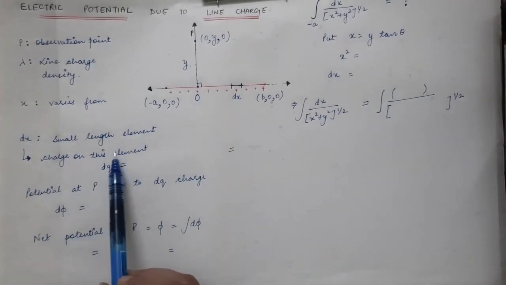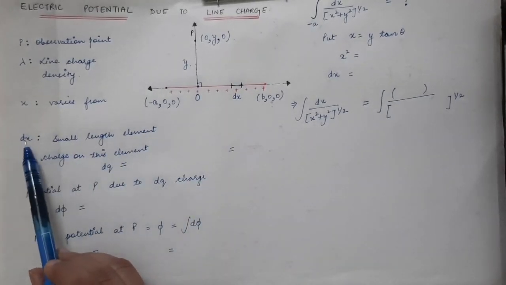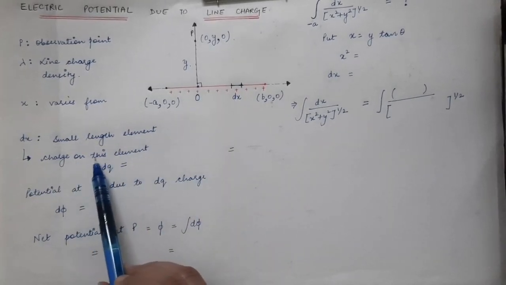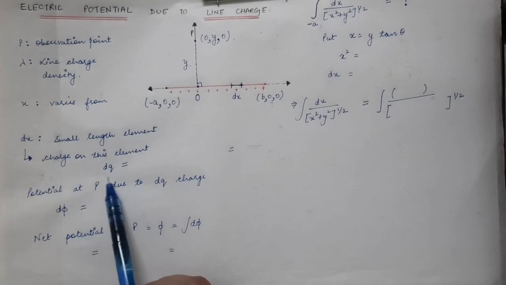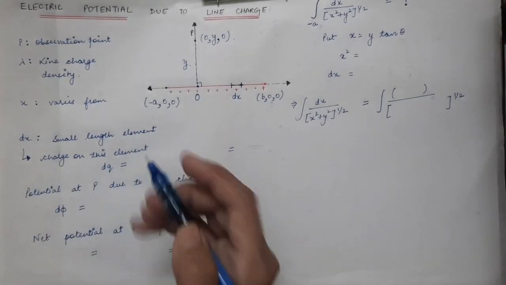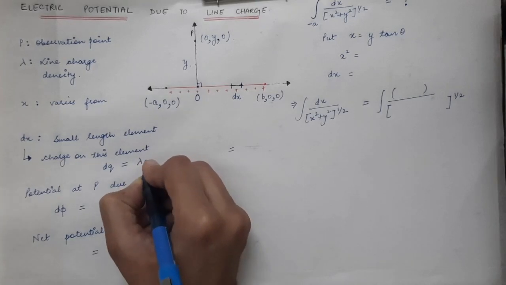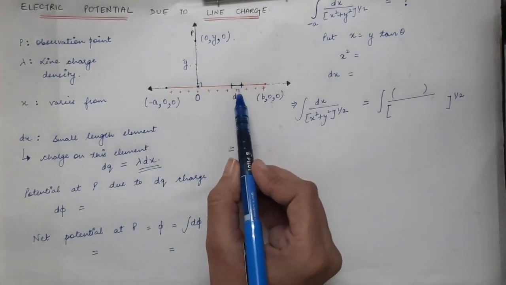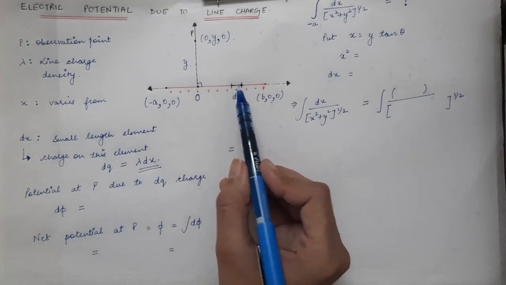So dx is the small length element which we have taken, and let's say we represent the charge on this length element as dq. So this will be equal to lambda into dx. This is the charge which is present on this small length element.